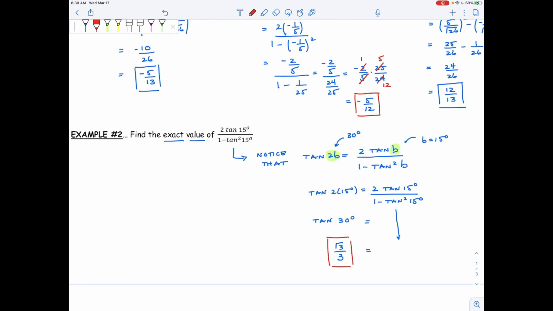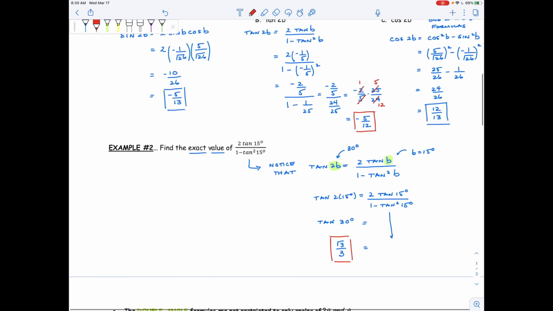So before we move on, I'm going to give you a little tip on dealing with tangents in MyLab. So if you're calculating in a problem the sine of 2a, the tangent of 2a, and the cosine of 2a, if you do the sine of 2a and cosine of 2a first, then you can use your reciprocal identity.